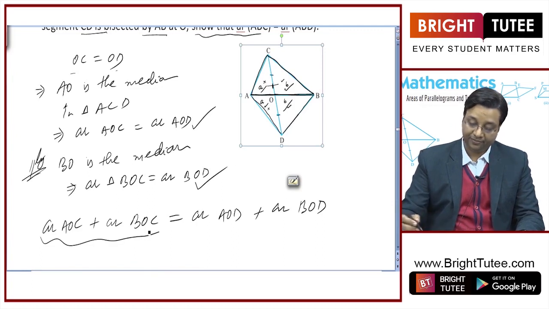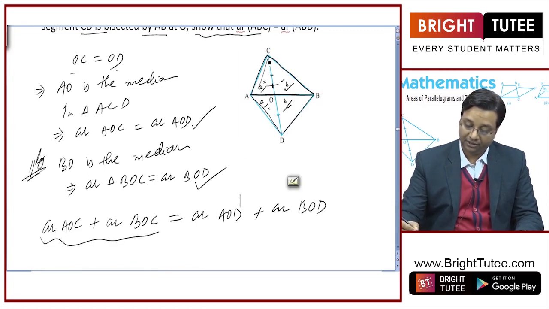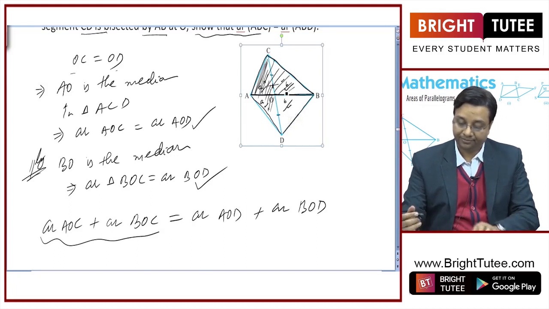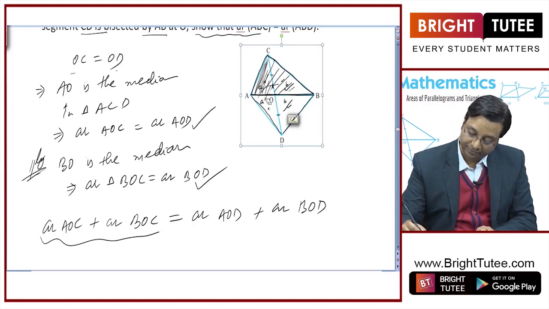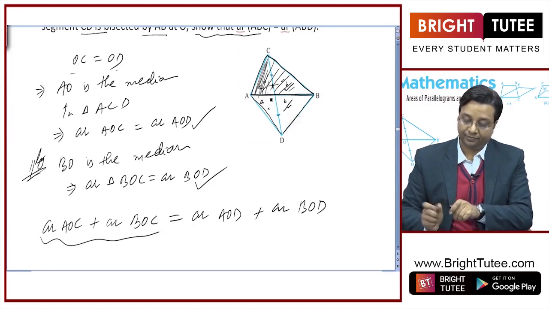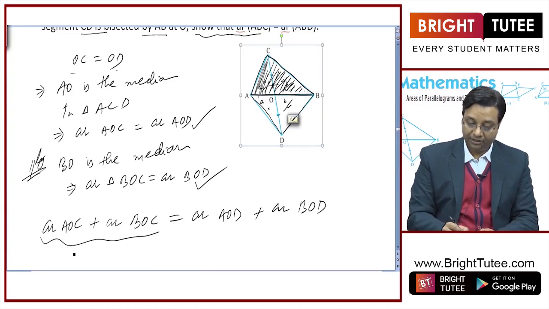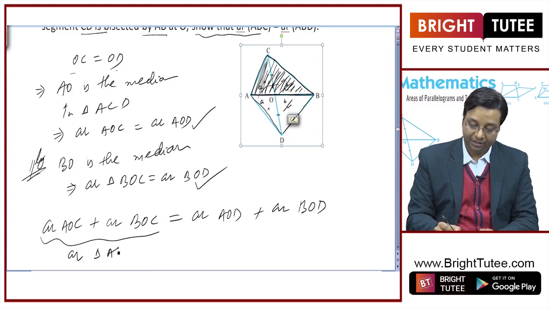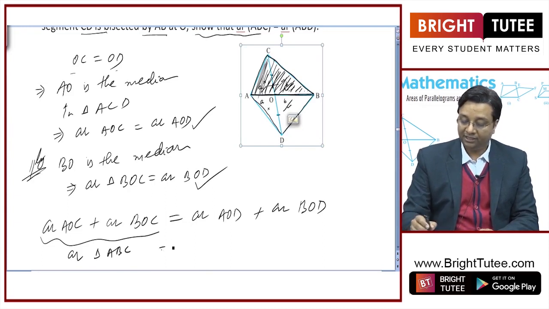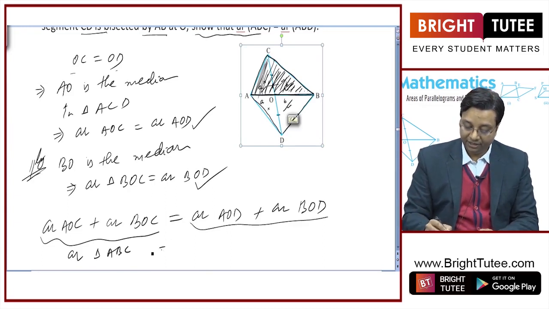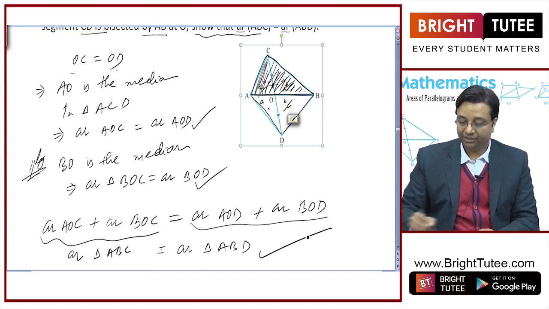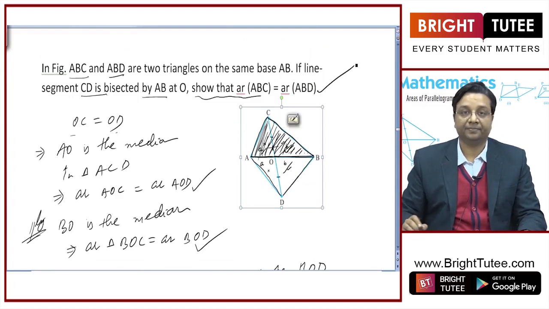And what is this area? Area of AOC plus BOC is this complete area. Right, so it is area of triangle ABC. Similarly, you can see that these areas combined will give you area of triangle ABD. This is what we had to prove here.